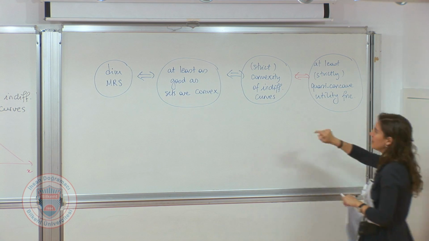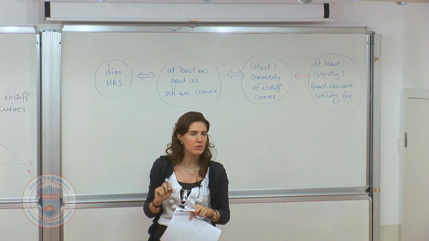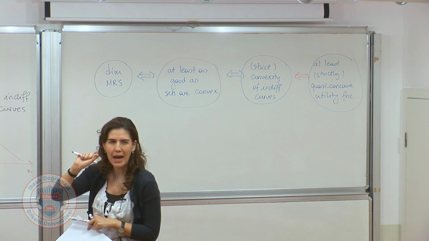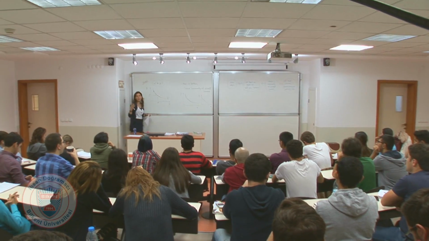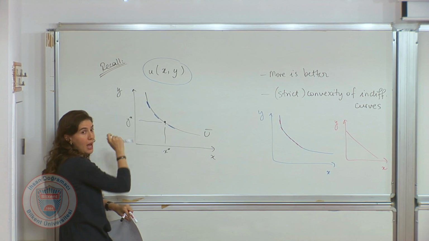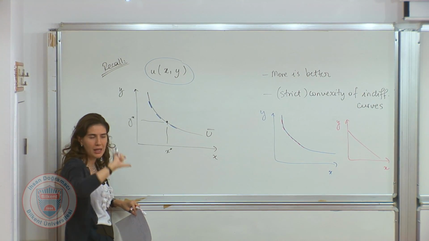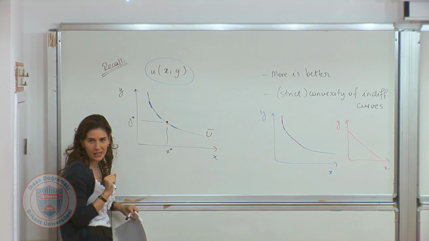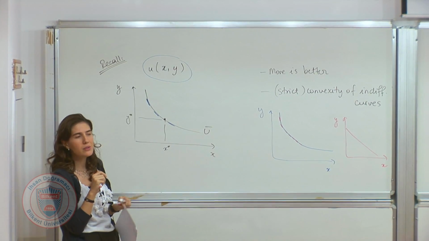One thing you can say is that there is diminishing marginal rate of substitution. What did that mean? Remember, as I have more Coke, the amount of chips that I'm willing to give up to have one more unit of Coke keeps decreasing, right? So that's what we mean by diminishing marginal rate of substitution.